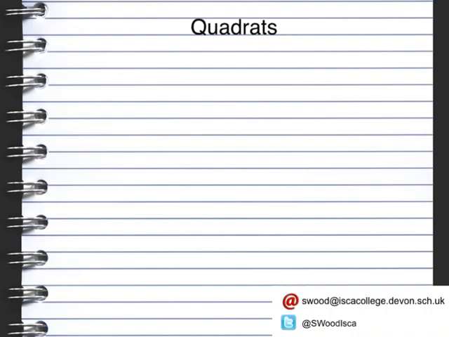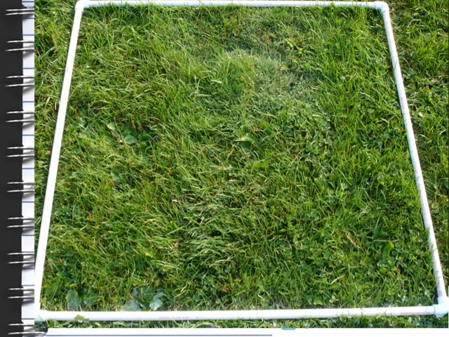Now a quadrat is essentially a square. If we look at the square here, we have a length here and a length here. The lengths of these are 0.5 meters, so half a meter. That means that the area inside here is going to be 0.25 meters squared, which is a quarter of a meter squared.